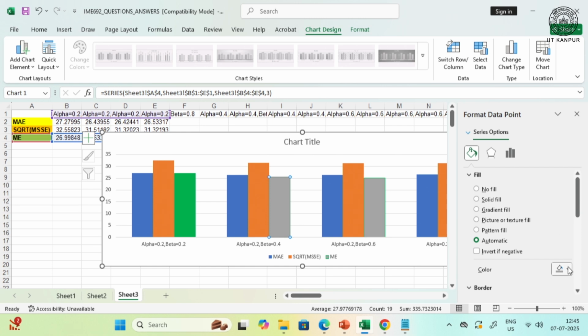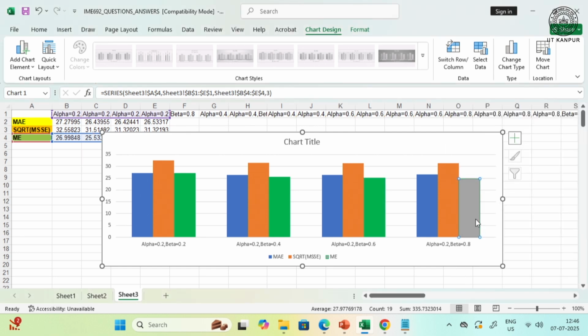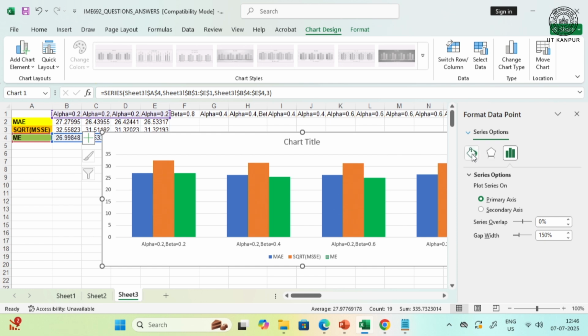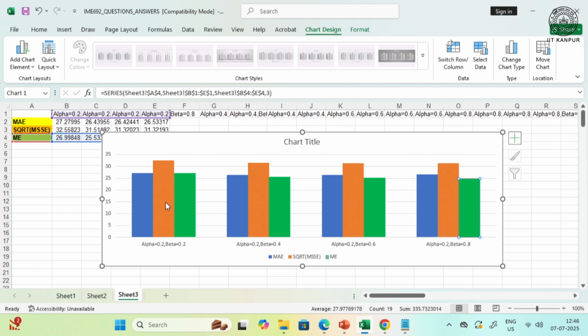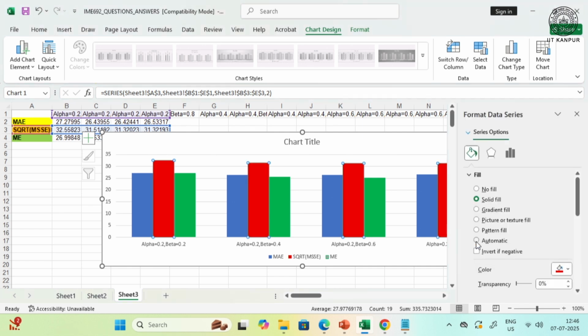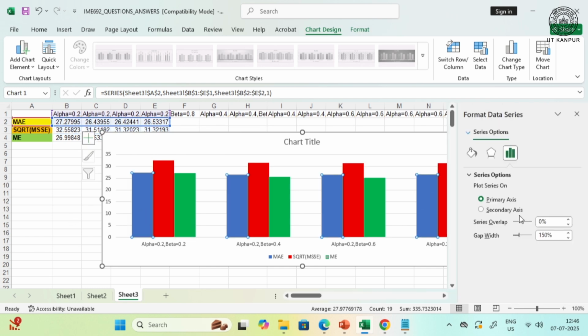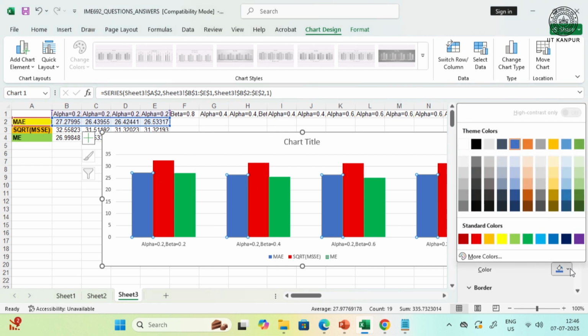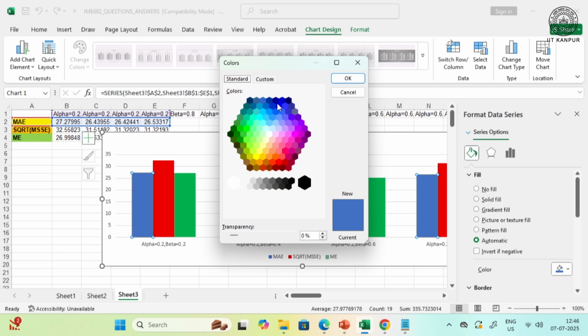Filling up should be green, filling up should be green, and finally filling up should be green. Done. And let me make the outline red. So red, blue, green would make a good way of trying to see the picture. So done. And let me make it dark blue. This is standard. I go here, dark blue.